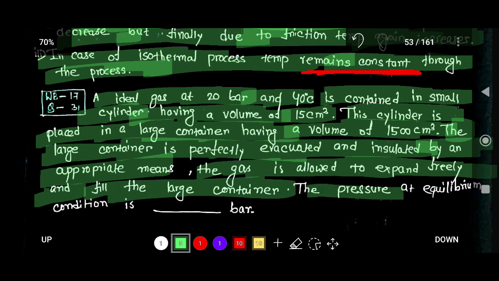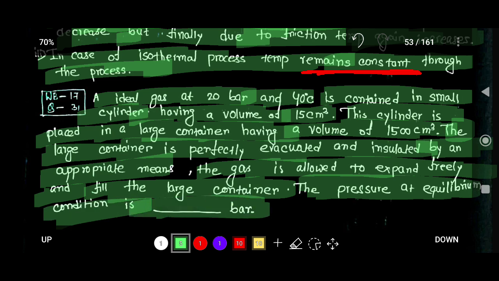Okay, the pressure at equilibrium condition is what you have to find.